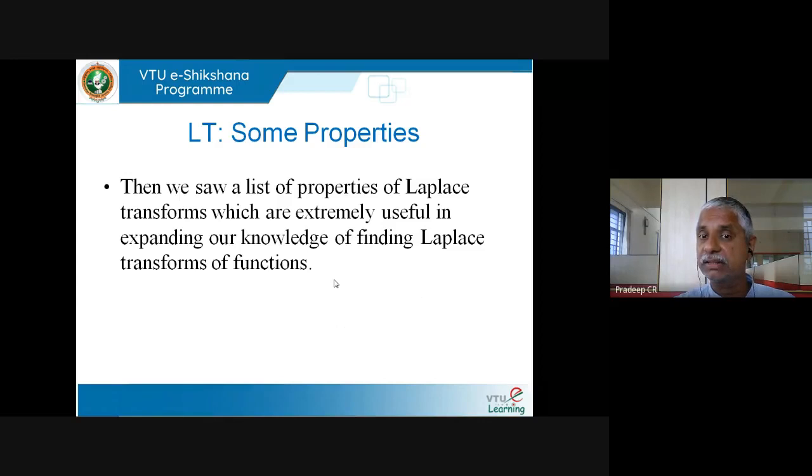We never asked the Laplace transform of e power t divided by sin t. That kind of, there's no multiplication also. E power t into sin t, how to find the Laplace transform?